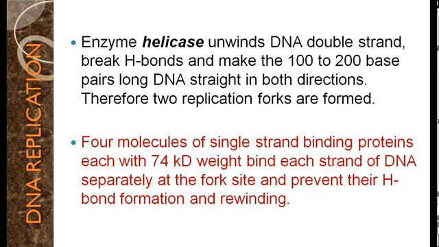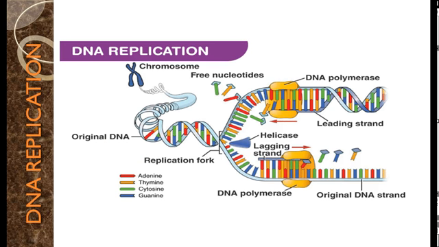So because of these proteins, the two strands cannot reattach at the fork site and remain separate. This is the diagram showing how DNA double strands have been torn away from the middle by the enzyme helicase, and the two strands separate from their complementary strands.